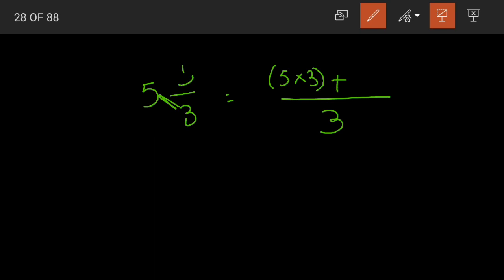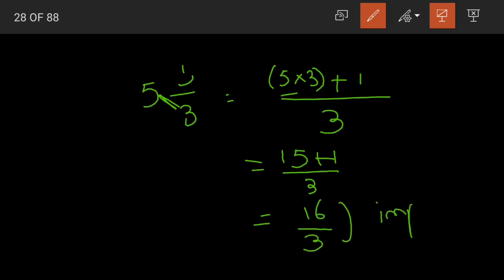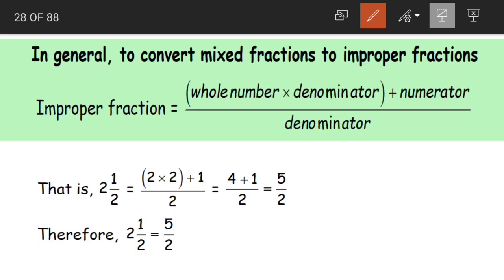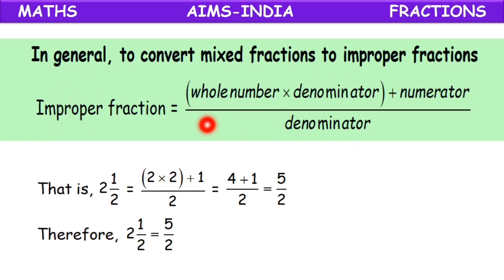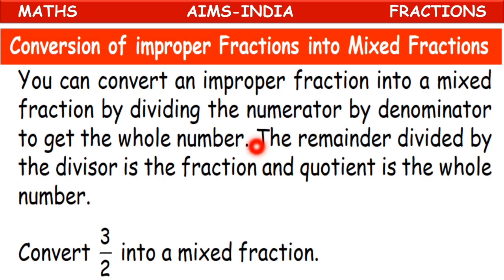To that we have to add our numerator. 5 3s are 15 plus 1, that is 15 plus 1, 16 divided by 3. This is an improper fraction, right? Yes. A mixed fraction can always be converted into an improper fraction. This is the formula: whole number into denominator, and to that product we add our numerator.